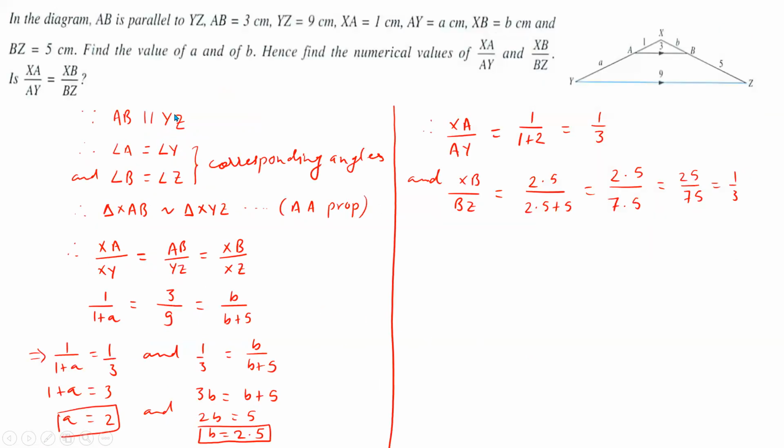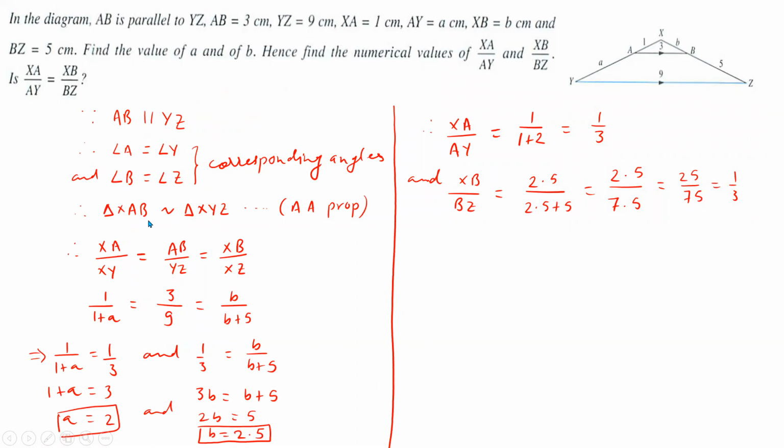And then we have the last question for today in this worksheet. Here some information is given, and they didn't say that XAB is similar to XYZ, they just say the two lines are parallel. So again we can prove that the two triangles are similar because of this reason here, by the angle test.